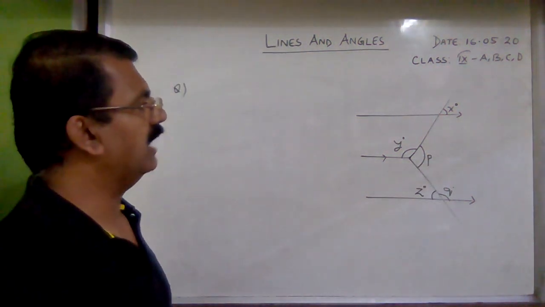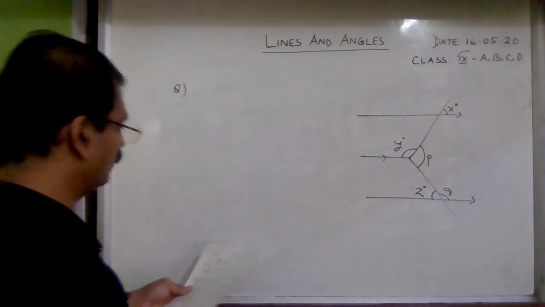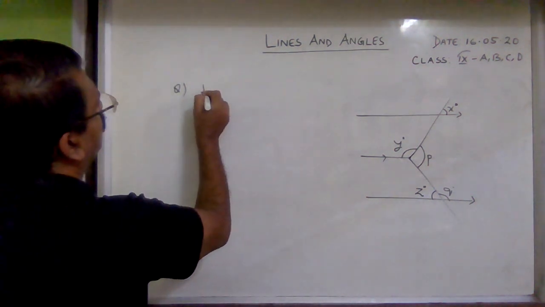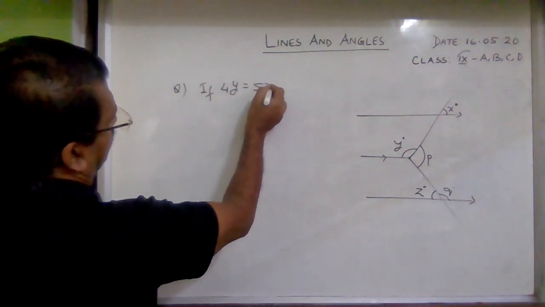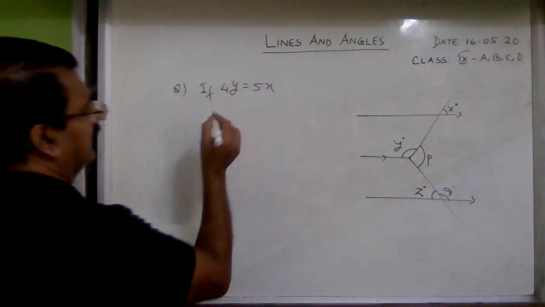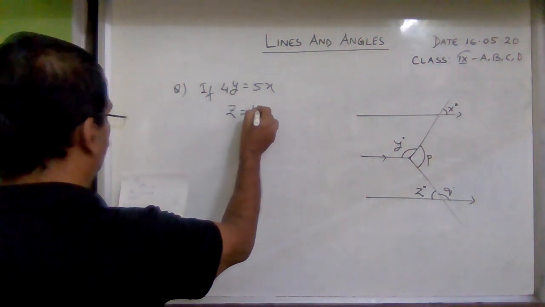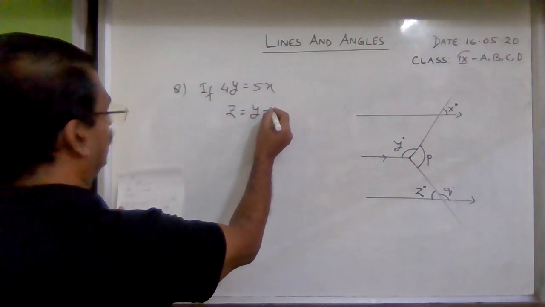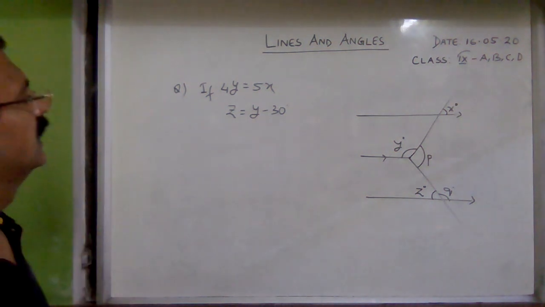Now you have to find, one more condition is given. If 4y is equal to 5x, that is the condition, and one more condition is there: z is equal to y minus 30.